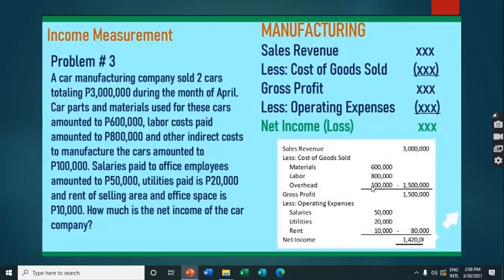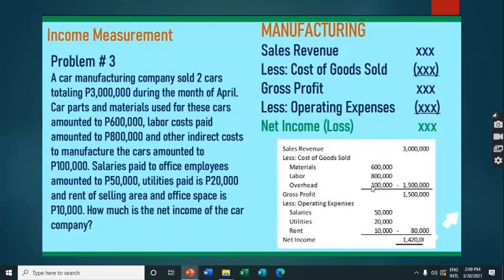Car parts and materials used for these cars amounted to 600,000. And yung labor cost niya is 800,000. And other indirect costs to manufacture the cars amounted to 100,000.